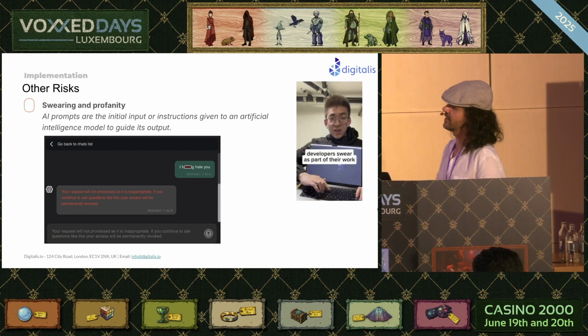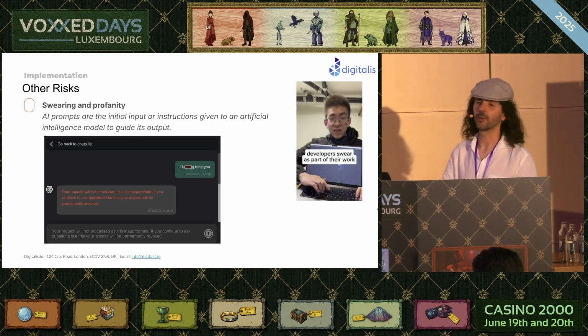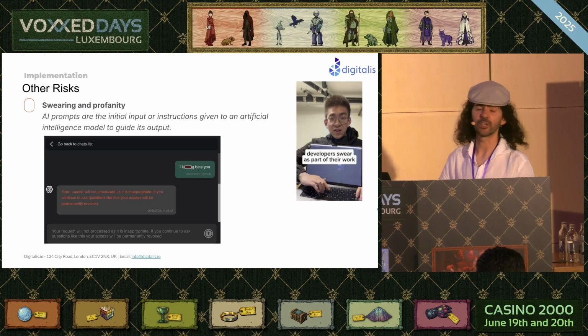The other thing is that you've got to control your users. There are developers, especially, they're the worst. So how do you make sure that you keep a close look at profanity and swearing? There are many techniques for doing this. You can ask the LLM not to reply with swearing words. You can ask the LLM to refuse to answer if anyone gives you a swearing word, and that works.